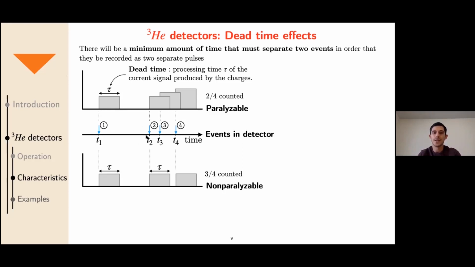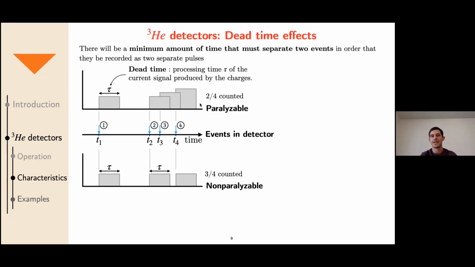For the second one, t2 minus t1 is higher than the dead time, so we can measure it for both detectors. But for the third one, because t3 minus t2 is lower than the dead time, we are not going to be able to measure the third neutron. And for the fourth neutron, there are two cases possible.